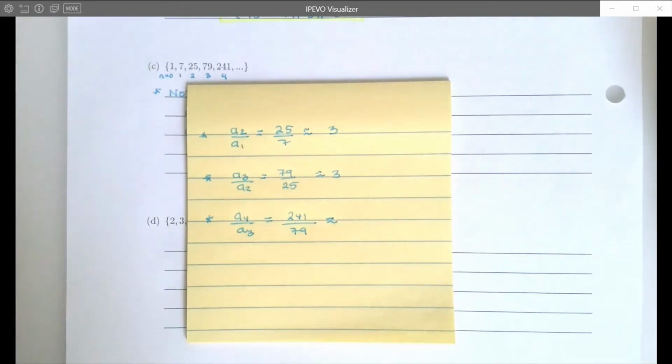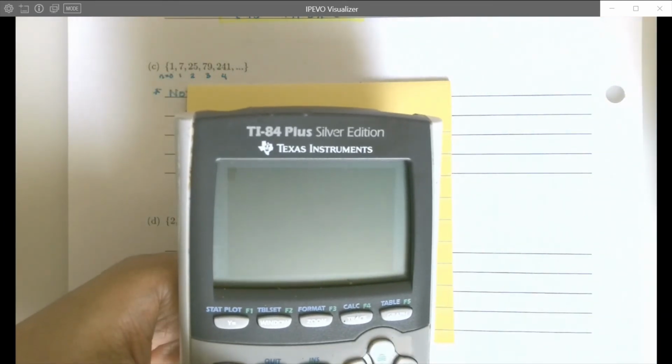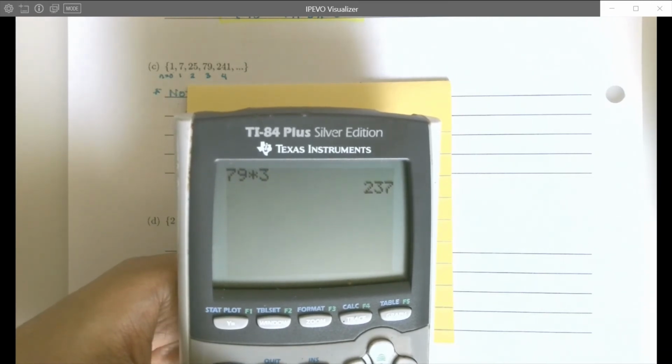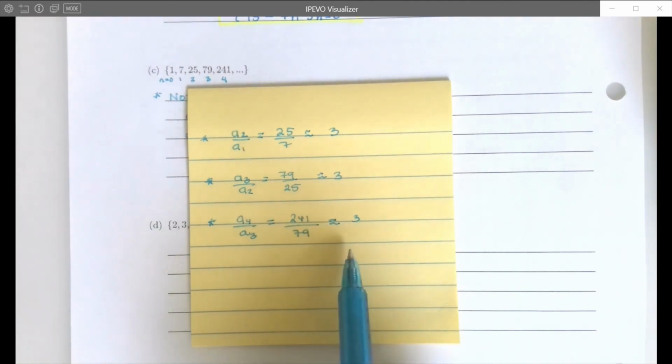In fact, let's go ahead and see what is 79 times 3. That's going to give us a 237, which is again a difference of 4 between 241 and 237.